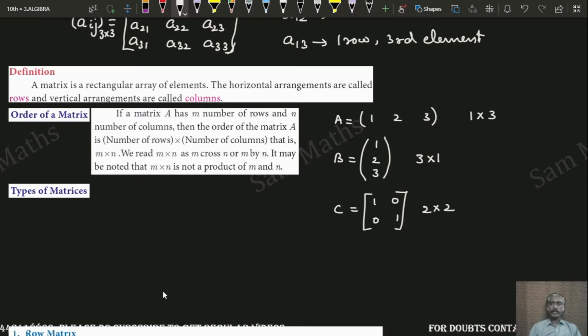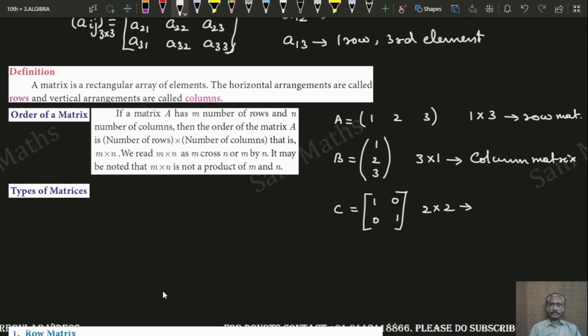These are some examples for order of the matrix. Okay, children. Here it's very clear that the first one, which has only one row, is known as a row matrix. The second one has only one column. This is known as a column matrix. Now here, the number of rows is equal to the number of columns.